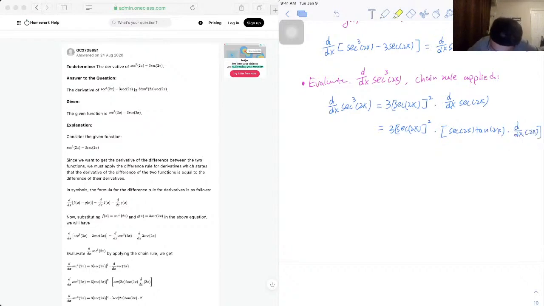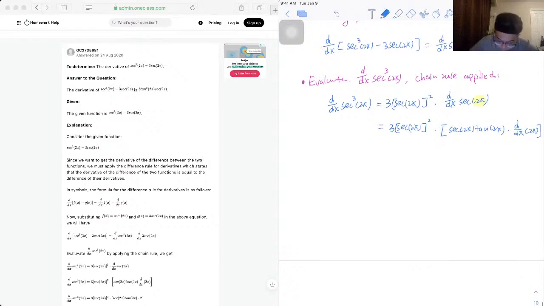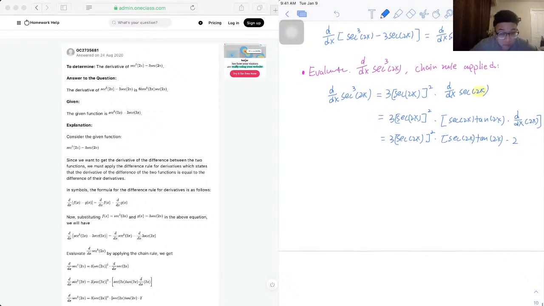So now let's copy down 3 secant 2x squared times secant 2x tangent 2x, and the derivative of 2x is just going to be equal to 2.